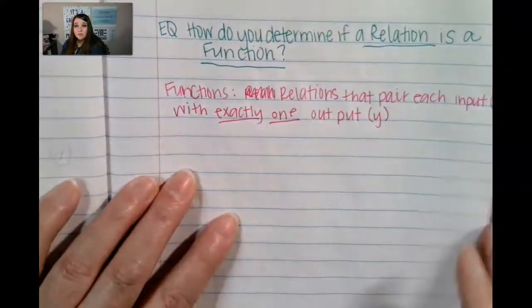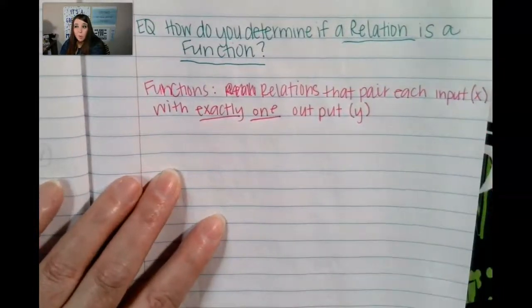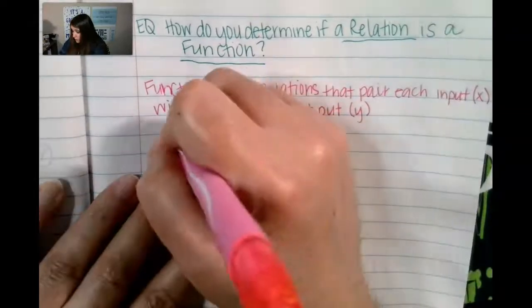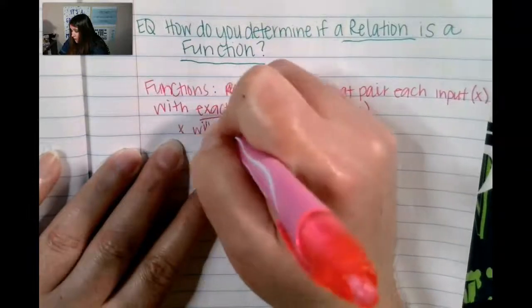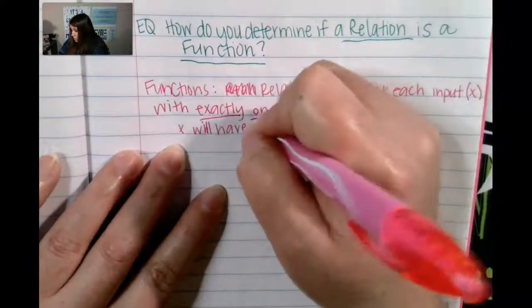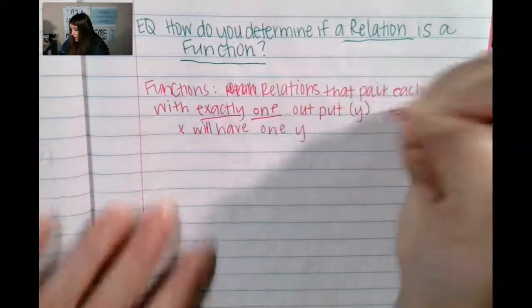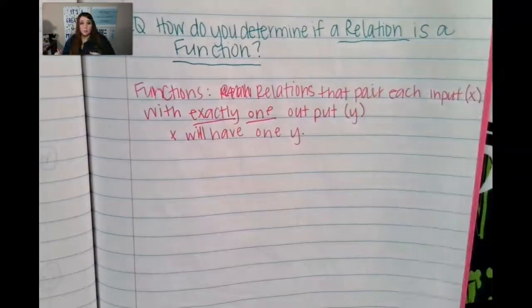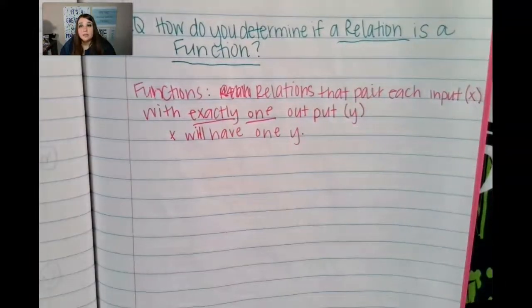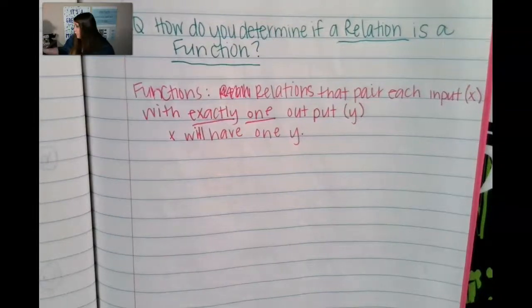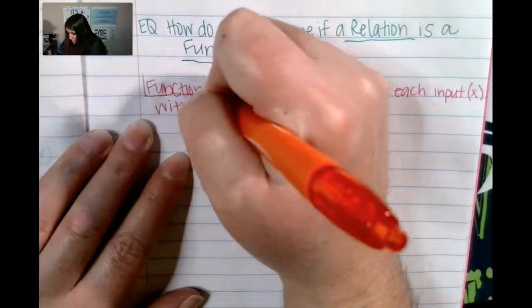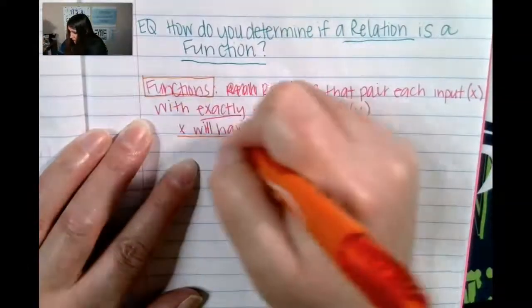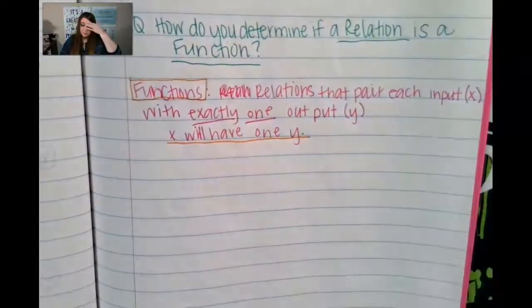So your x values will only have one y value. So x will have one y. Okay, so no duplicates. So let's look at what this means when we are graphing this. So I'm going to go ahead and highlight: x will have one y.